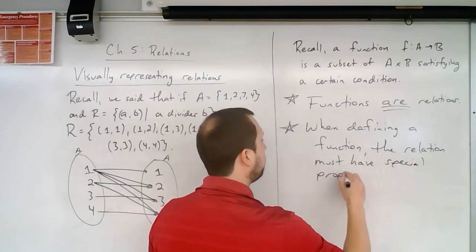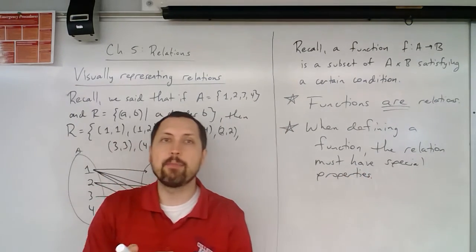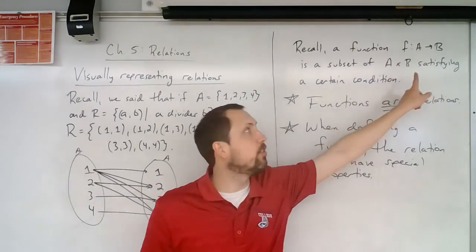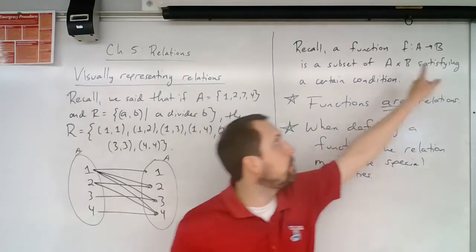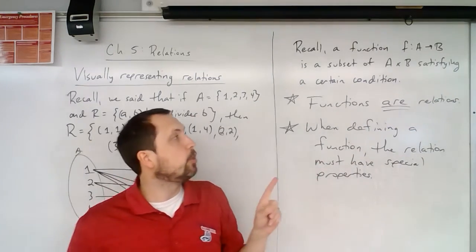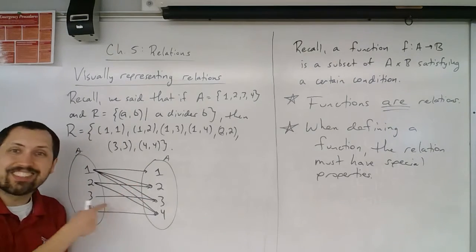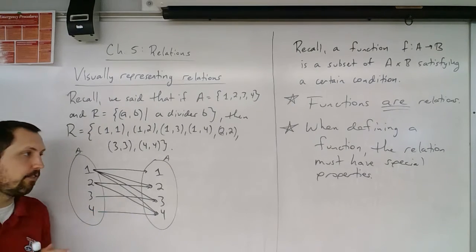So when we talk about these special properties here, what we said is, for it to be a function, that means that every element in A has to have something corresponding to it in B, and that something in B can only be one thing. So if we think about relations and functions, we see this does not describe a function. This is a relation, but obviously it's not a function.